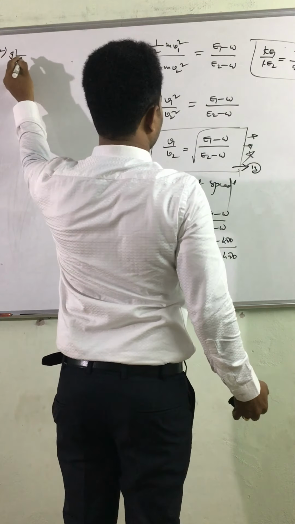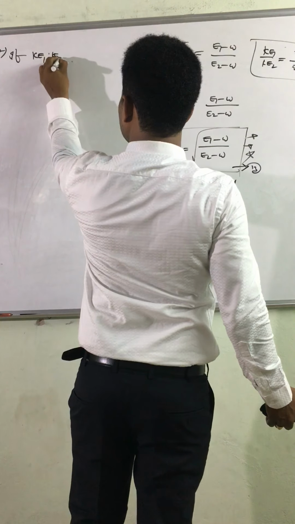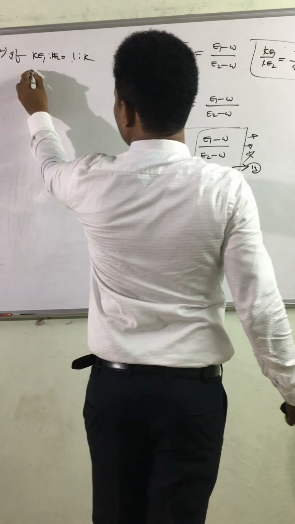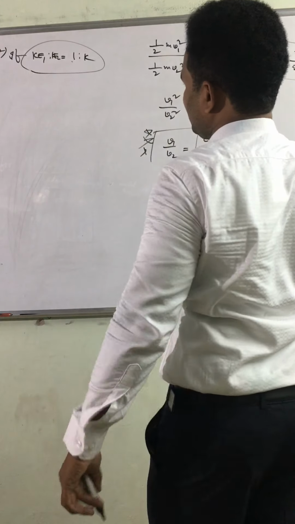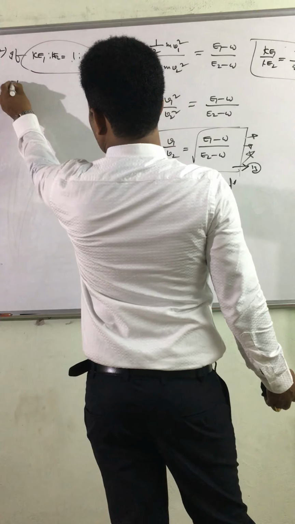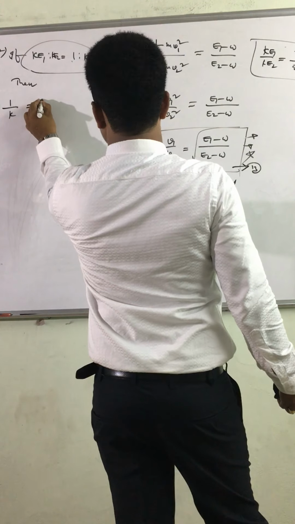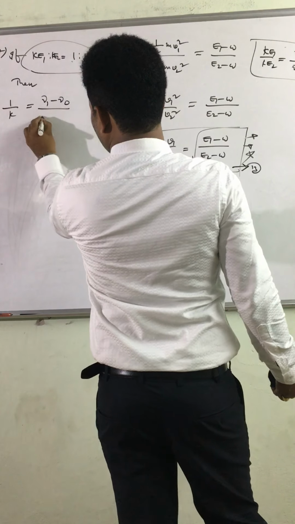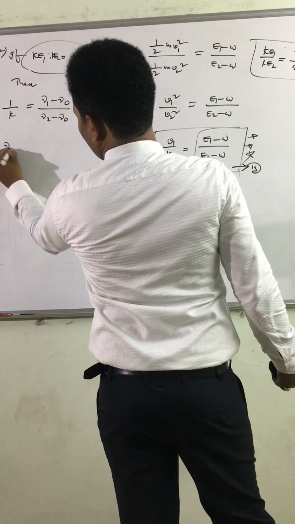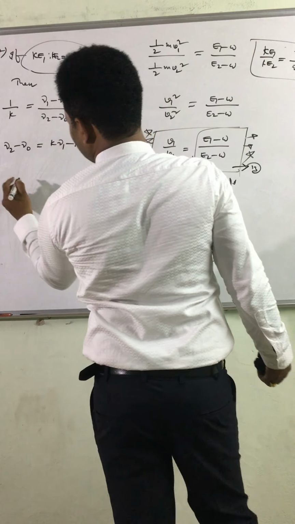If the ratio of kinetic energies KE1 is to KE2 is 1 is to K, then what happens? 1 by K is equal to (nu1 minus nu0) by (nu2 minus nu0). Nu2 minus nu0 is equal to K nu1 minus K nu0.